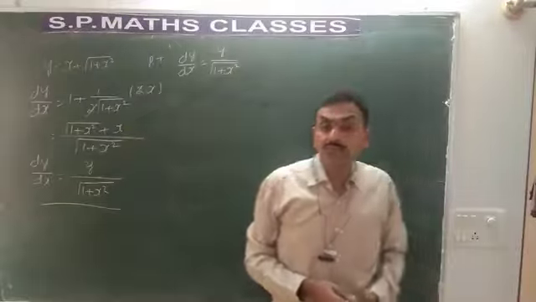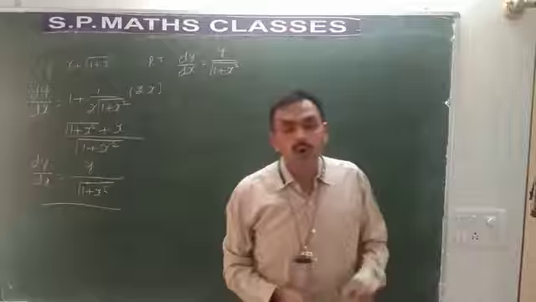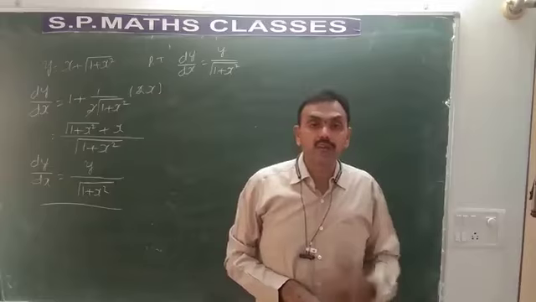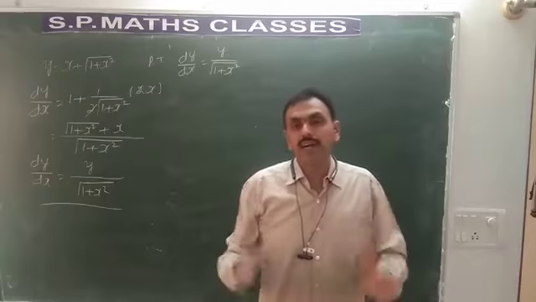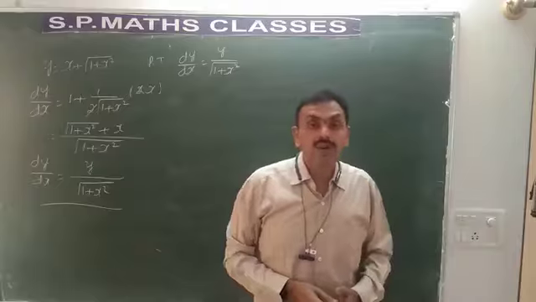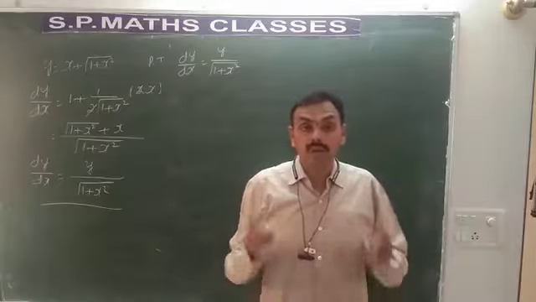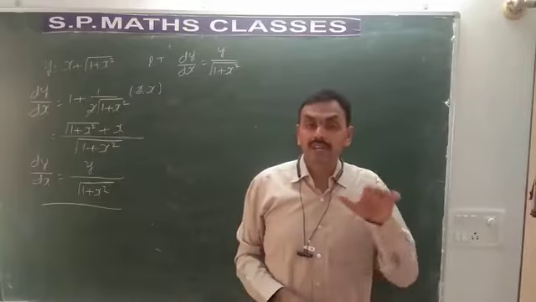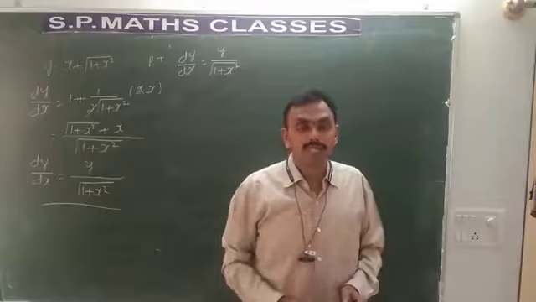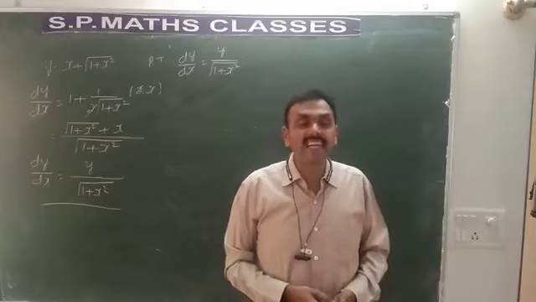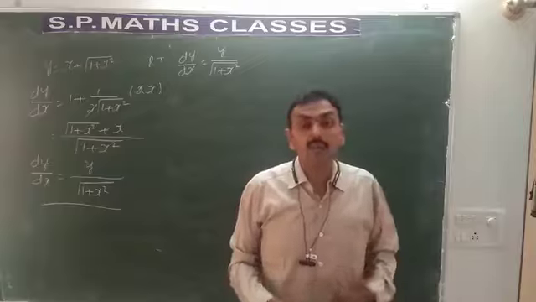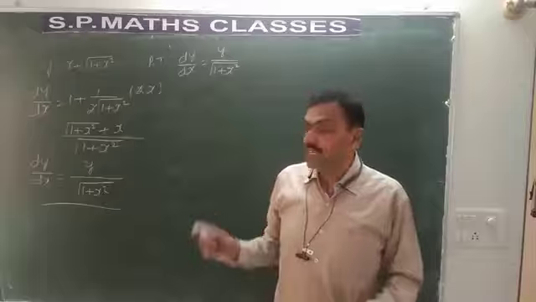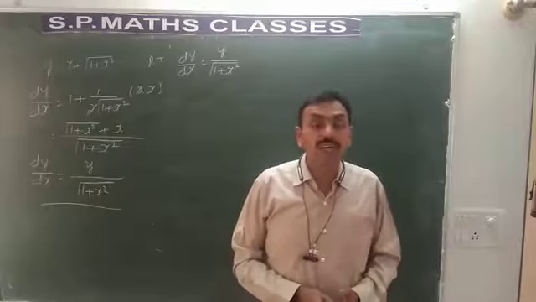Students, in this class we have solved 21 problems. You may feel that we have done it a little fast, but if you know the chain rule and basic formulas, you can easily do it. That's what I told in the beginning itself. You have to solve all these problems along with me, especially in this class. Otherwise, whenever you feel it is very difficult, pause it and write it in detail. If you have any doubts, you can come back to me. I will be teaching you individually in detail. These are a few additional problems I have given you on chain rule.